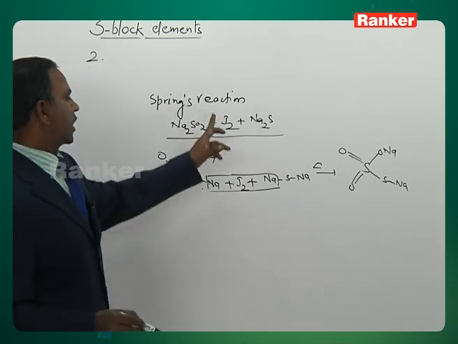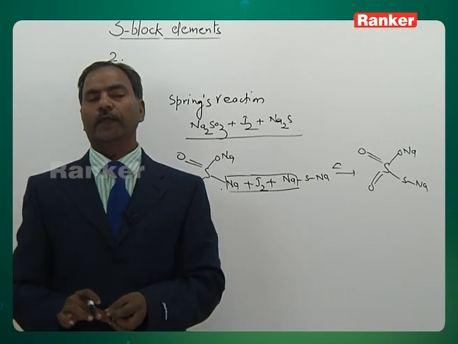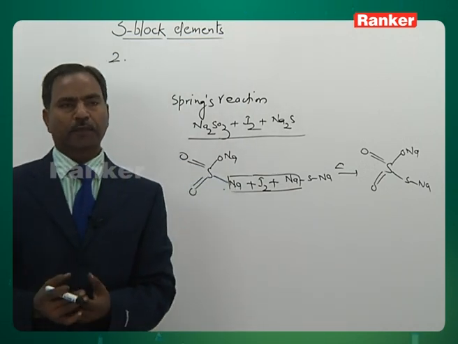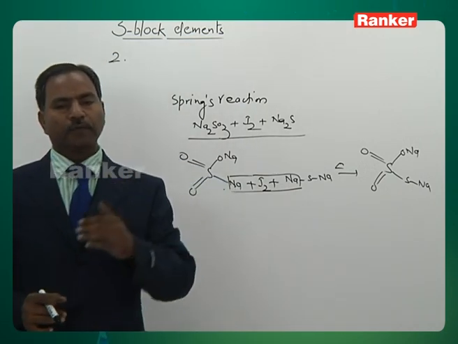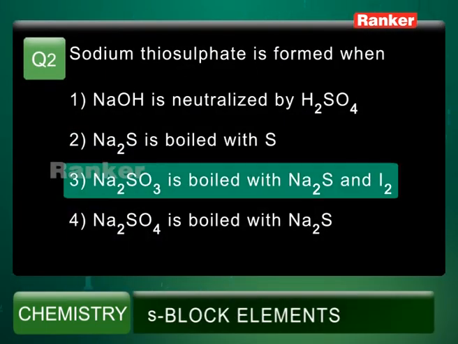So Spring's reaction represents heating the mixture containing Na2SO3, iodine and Na2S. So for question number 2, sodium sulfite boiled with Na2S and I2 is the correct answer. The answer is 3.